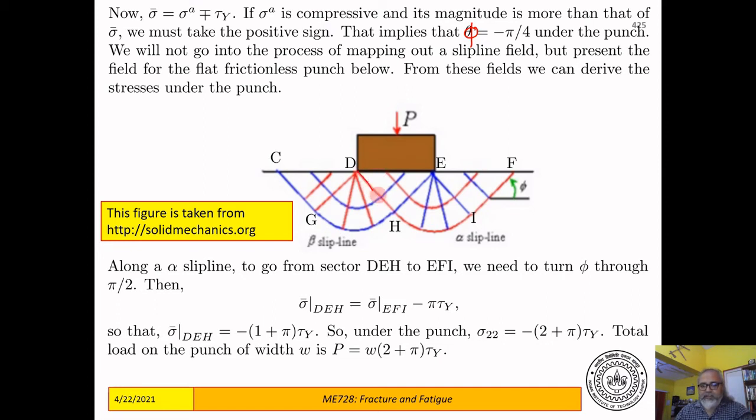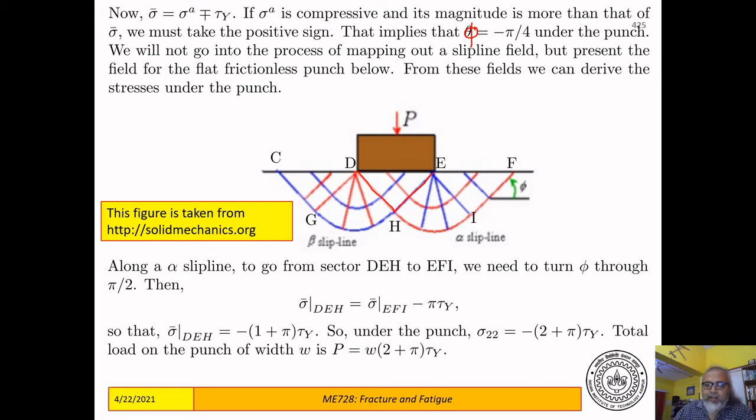This is called a rigid region, where the slip lines are straight lines. You can show that in this region the slip lines have to be at an angle of 45 degrees, and they cannot change direction, because if they change direction, phi will change, and if phi changes, sigma bar will change.